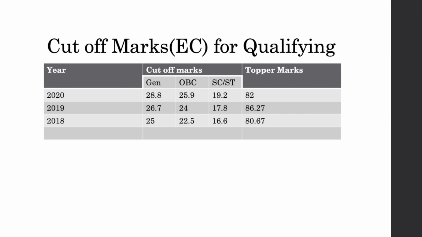We should not be thinking that merely getting qualifying marks is good for us. It's not about qualifying the GATE examination, which we'll obviously do if we prepare well, but it's very important to get a good score in it. Somewhere more than 50 is always good for us, and if we can score the highest, that is the best.